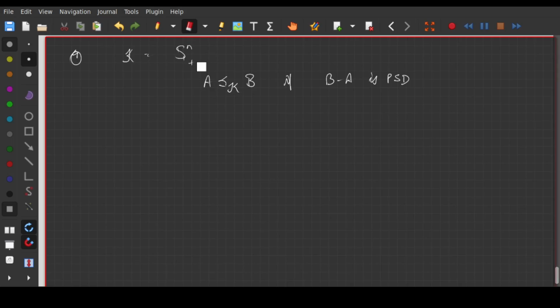You are seeing this in terms of the inner products, right? In what sense? x transpose Bx, yes, greater than or equal to x transpose Ax for all x. So I have just one inequality over here.